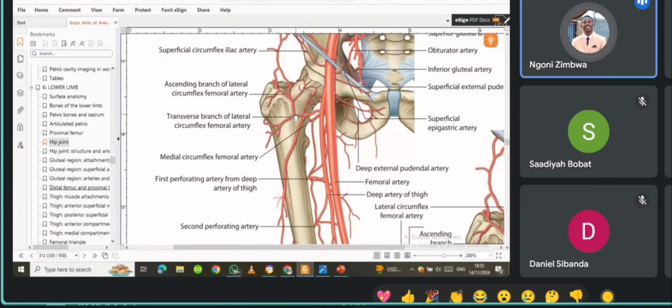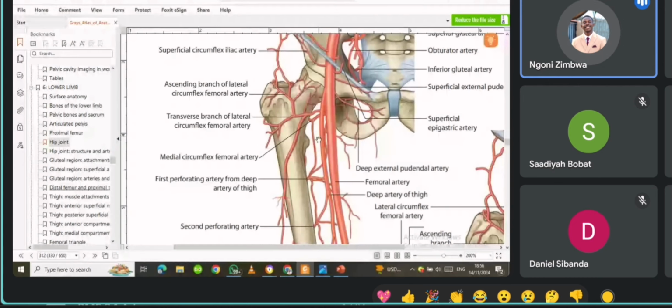One, the transverse branch of the lateral circumflex femoral artery. Two, the transverse branch of the medial circumflex femoral artery. Three, the descending branch of the inferior, not the superior, gluteal artery. Four, the ascending branch. This is where you have the first perforating artery. This will be your ascending branch here. So it will also form the cruciate anastomosis.